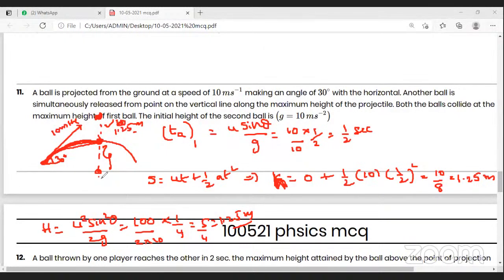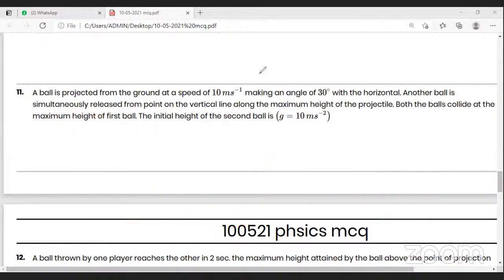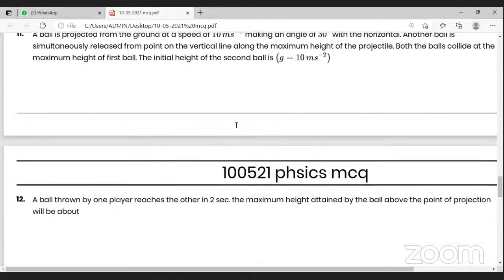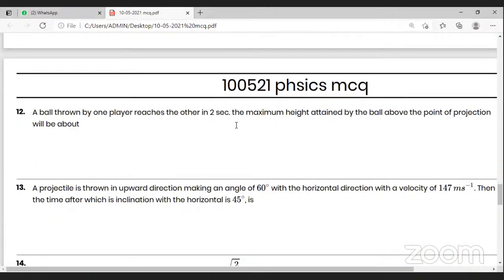Now, question number 12. Let me read the question. The ball thrown by one player reaches the other in 2 seconds. The maximum height attained by the ball above the point of projection will be about.